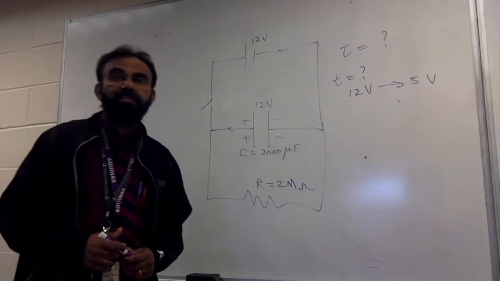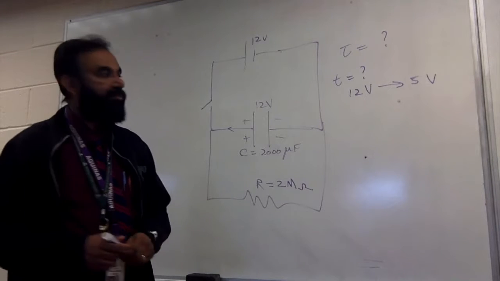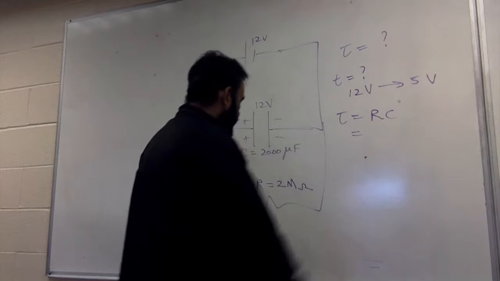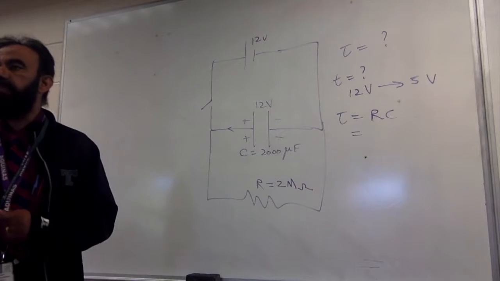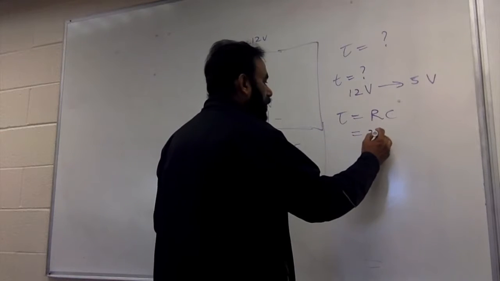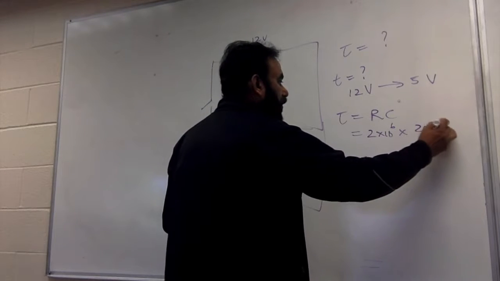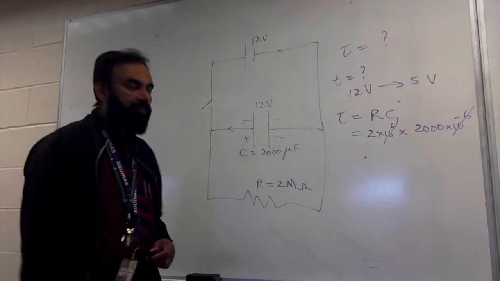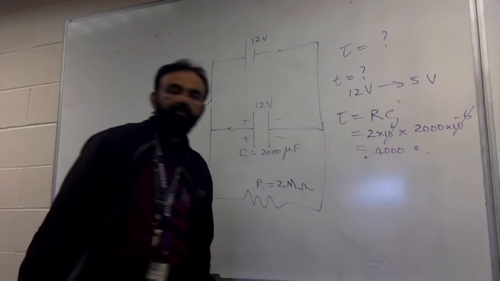How do you find the time constant? Time constant is RC. So multiply 2 mega ohms times 2000 microfarads, and the answer is 4000 seconds.